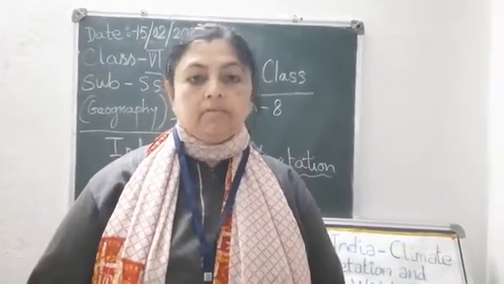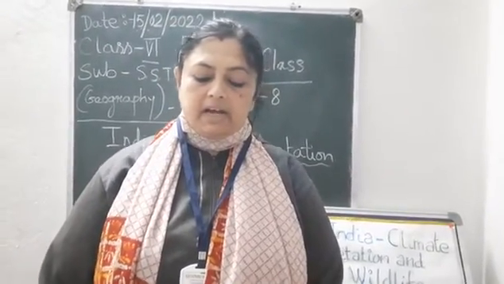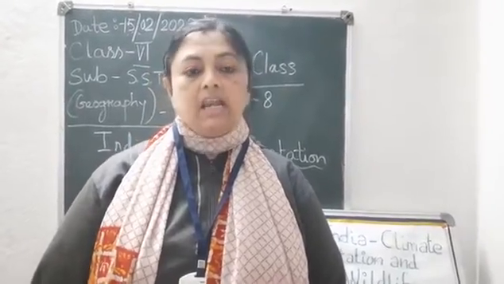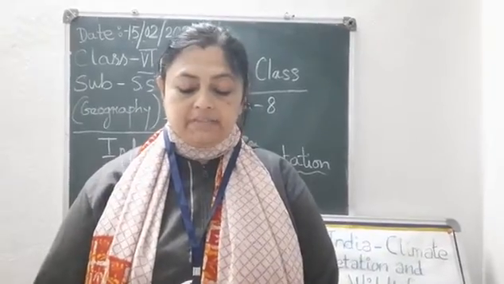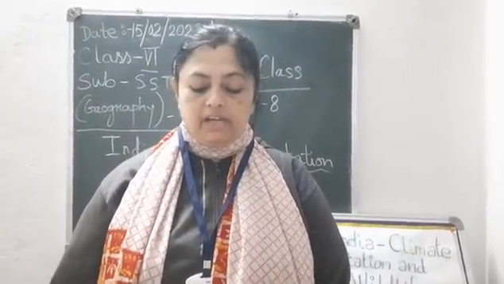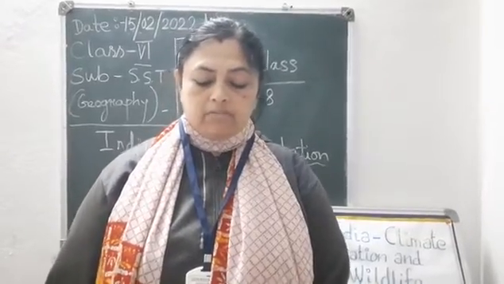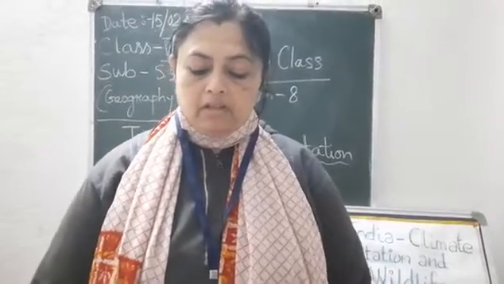Now we will talk about the natural vegetation of India. Since India has a vast variety of landforms and the amount of rainfall also varies, there is a large natural vegetation. It can be classified as tropical evergreen forest, tropical deciduous forest, thorn forest, mountain forest and tidal forest.